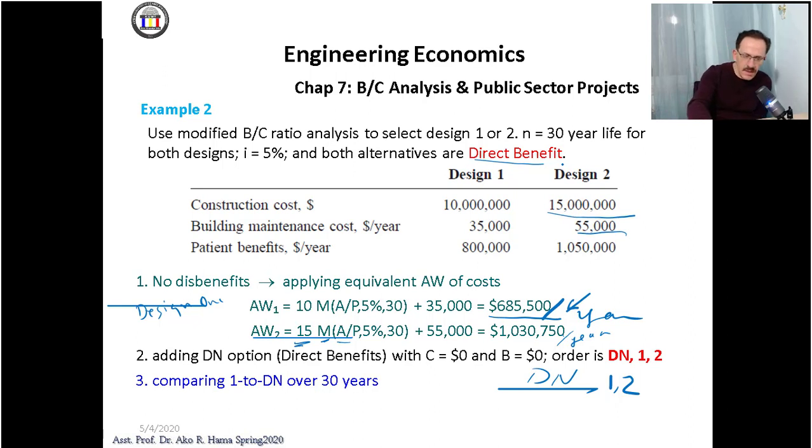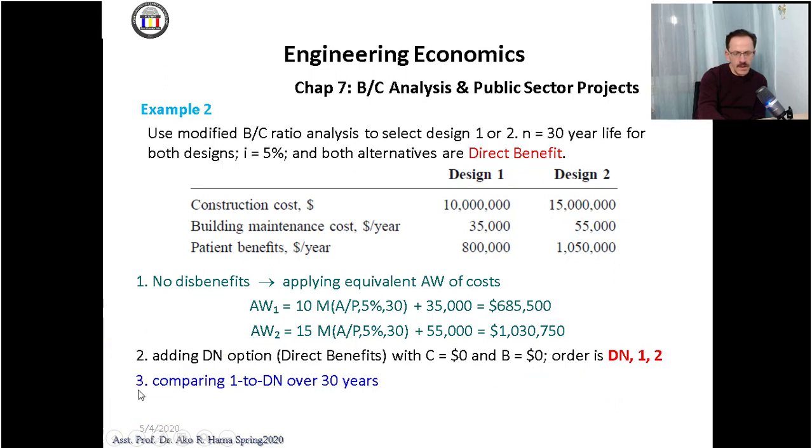Now after that I will show you. Let me show you. After that you will see. So we will start comparing between these two alternatives, and we have to find which one will survive from this competition.